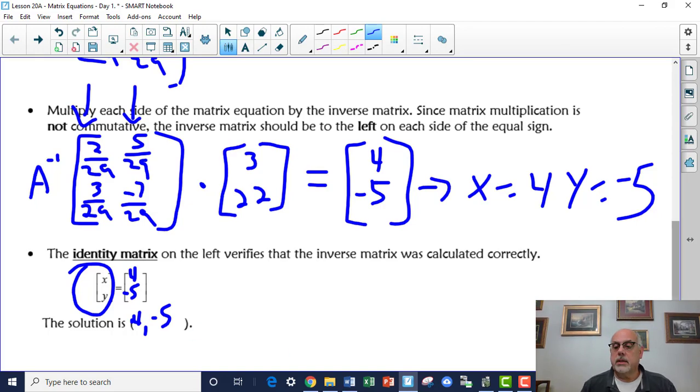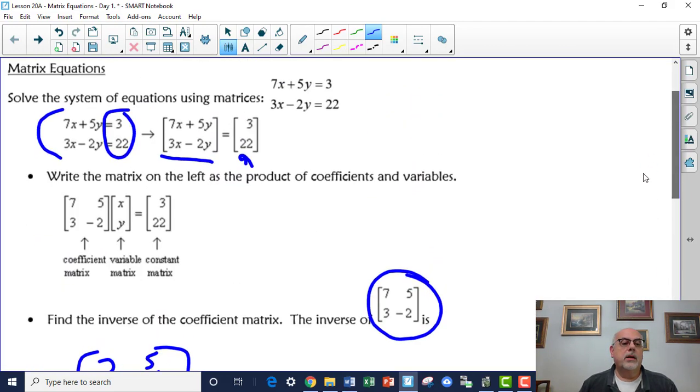So let's go back and take a look at this. We had our equation, 7x plus 5y equals 3, 3x minus 2y equals 22, and we created a matrix of just the coefficients, the 7 and the 3, the 5 and the negative 2.